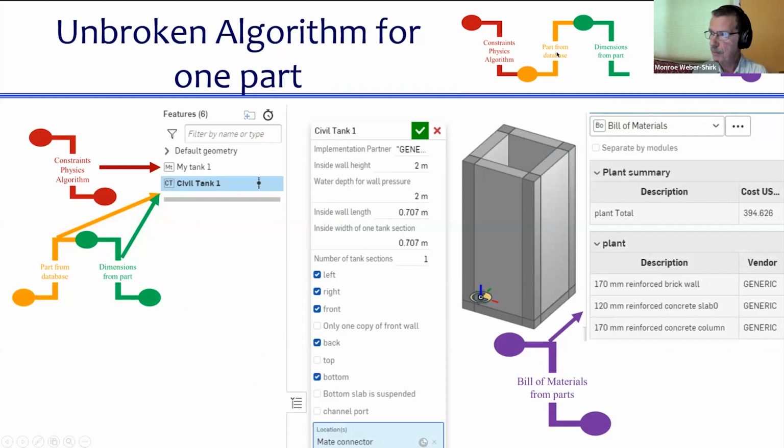So we've got parts from a database, we've got dimensions from a part, and we would like to be using this unbroken algorithm. Here is an example feature script where we have my tank. That's where I did the physics calculations of the dimensions of the tank.